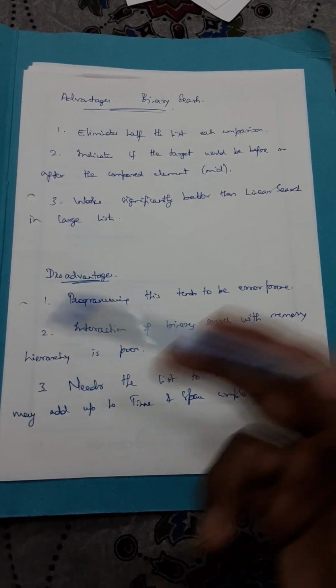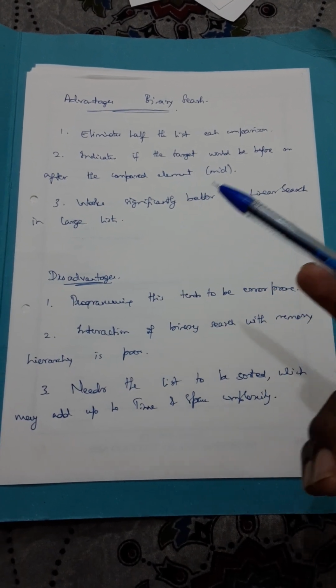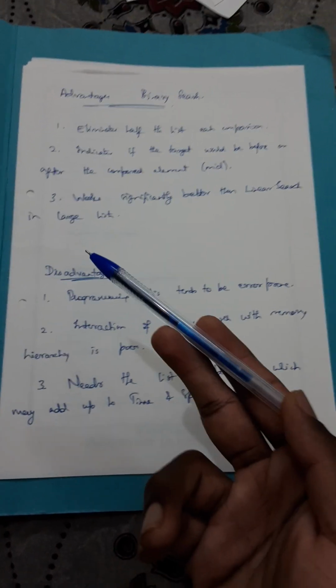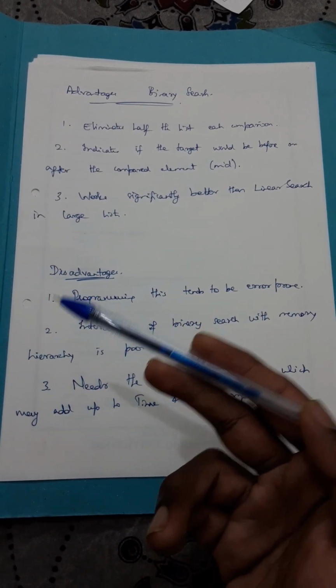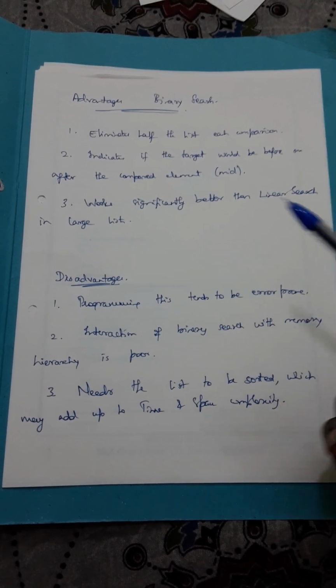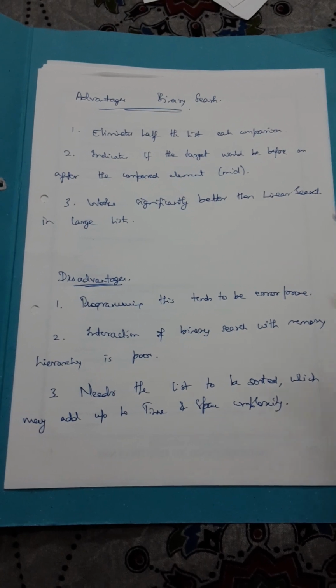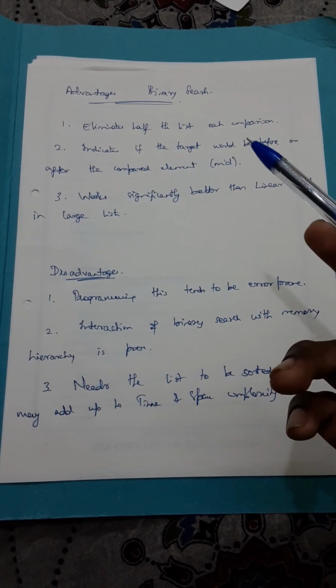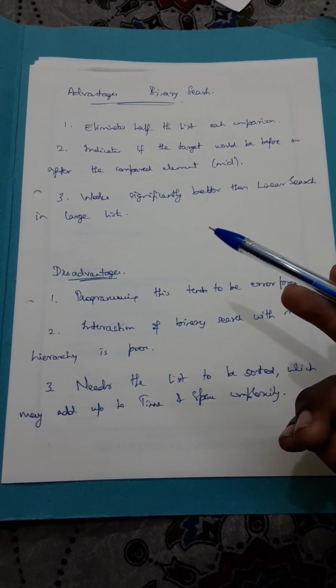Instead, you can just do 5 iterations, and if you're lucky, the target value might be in the second position, so in linear search you would get the result in two comparisons. But as the length of the list increases, binary search becomes more useful and far more superior than linear search.